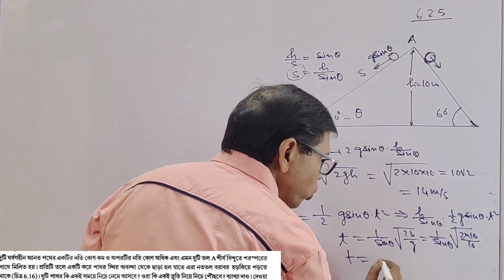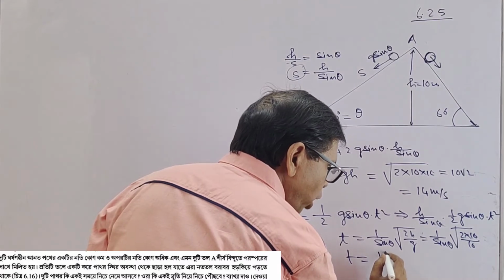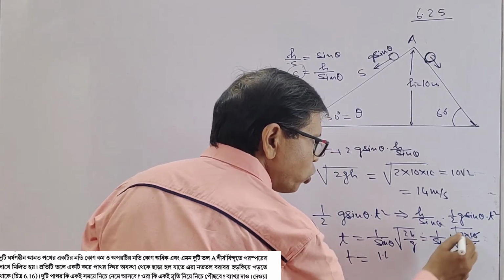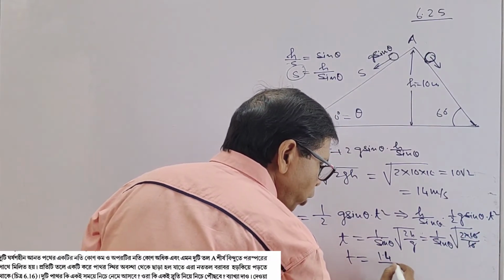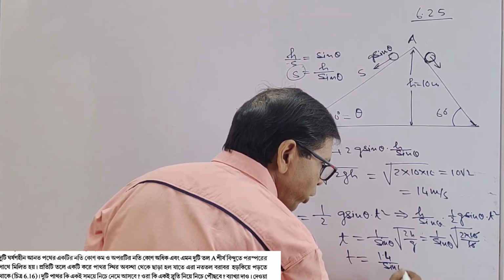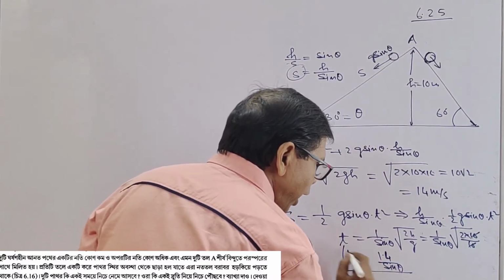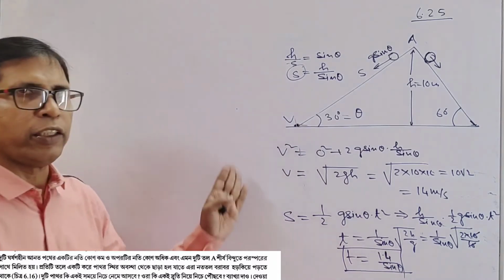So t = 1 / sin θ times √2, which is 1.4 / sin θ. This is the time of fall of the bodies.